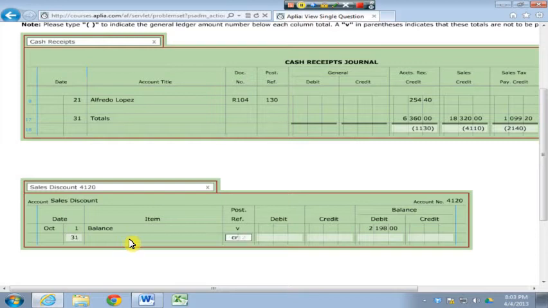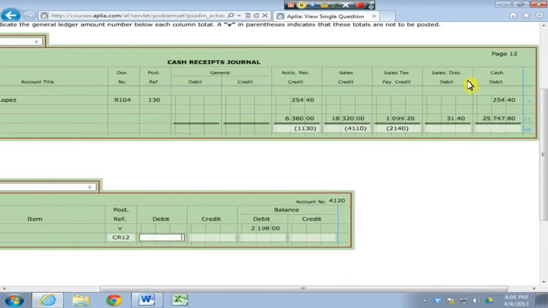Post reference will be CR12. This is a debit. And we already had a debit balance, so when we add the two together, we should get a total of $2,229.40. Post the account number, and we're ready to go to the next ledger, which is what?